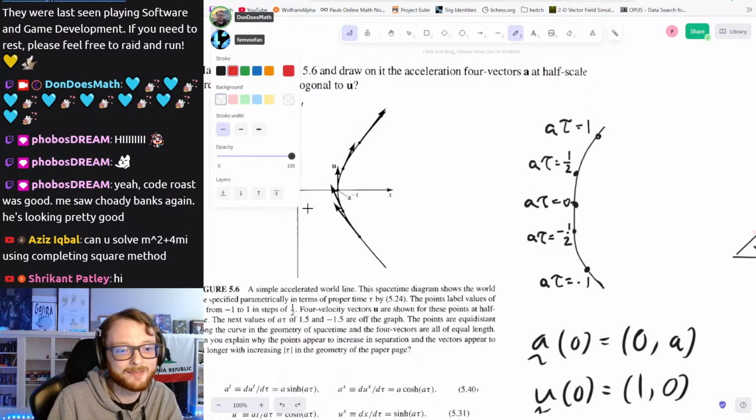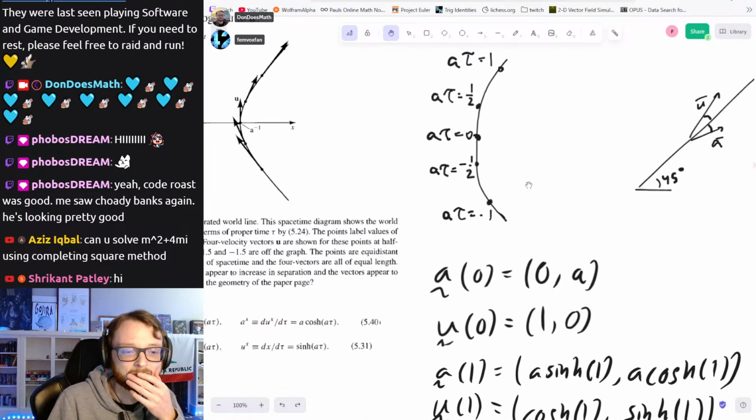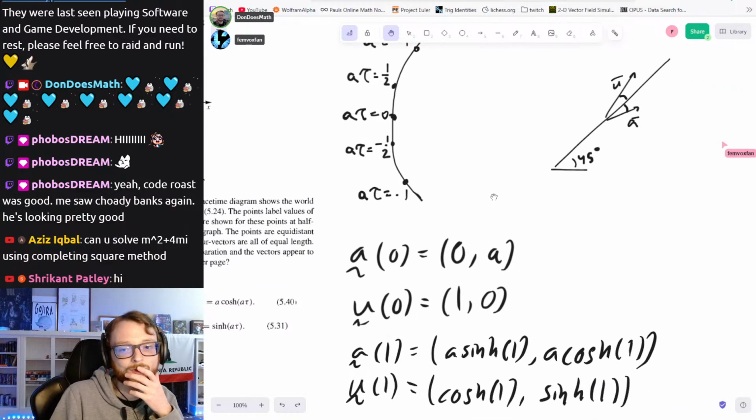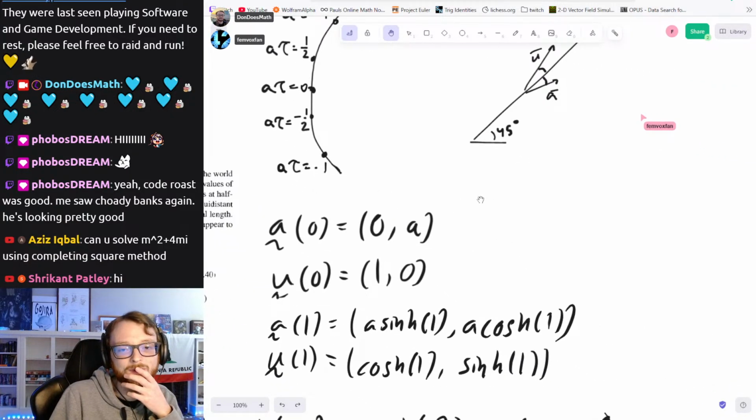Yeah, and we know that the hyperbola that forms the position is going along the line y equals x in the long run. It's a little bit below it, but at that tangent point, I guess. So as proper time goes to infinity, then the acceleration and velocity would both be going the same direction.